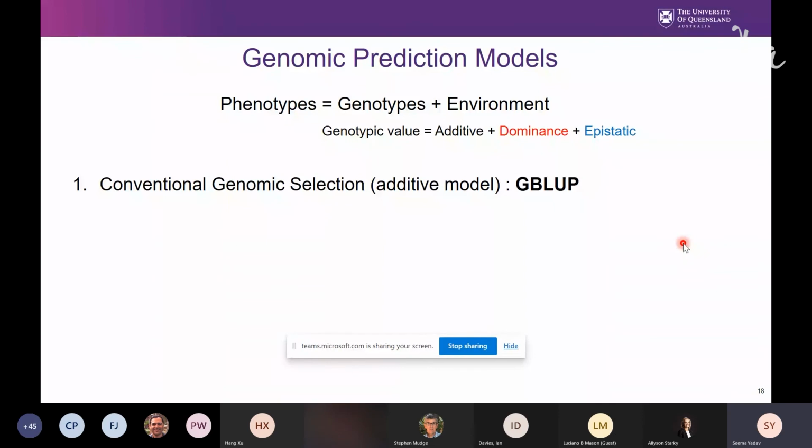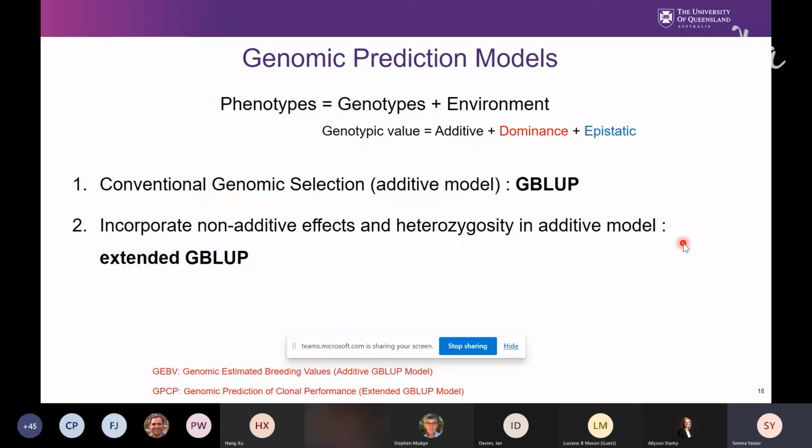First, we have the conventional genomic selection model. In my study, I used the additive model, the GBLUP. The GBLUP model uses the genetic relationship among the clones to predict untested phenotypes. In each step after that, I incorporate non-additive genetic effects and heterozygosity into the additive model.